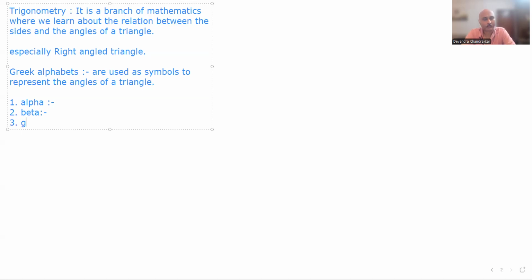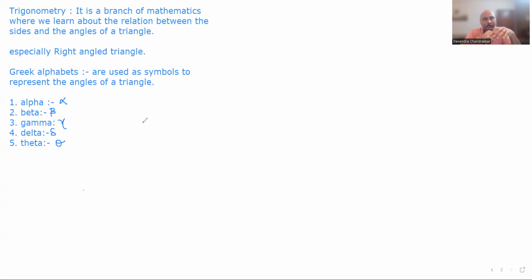Alpha, beta, gamma, delta. The fifth one is theta. Let's stop here. How do they look? This is alpha, this is beta, this is gamma, this is delta, and this is theta. These are the Greek alphabets we will be using in today's session.